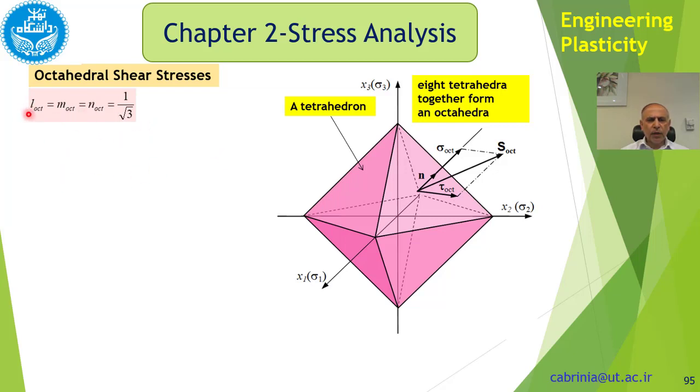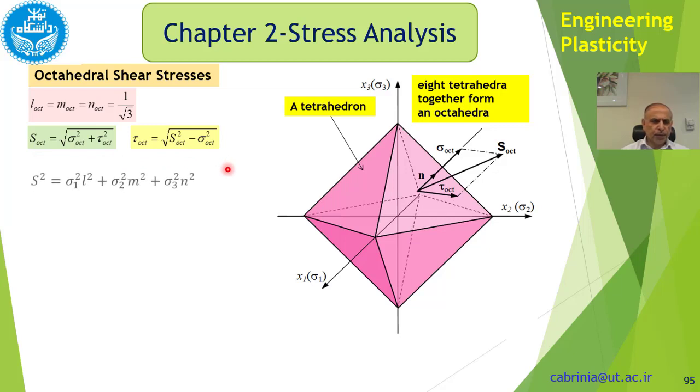As mentioned before, the cosine ratios are equal, and they are equal to 1/√3 for these planes, because they make the same angles with all the axes. So S octahedral here is the square root of sigma octahedral squared plus tau octahedral squared. But tau octahedral we could write as S squared minus sigma squared.